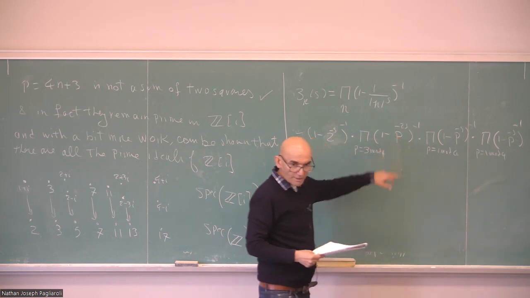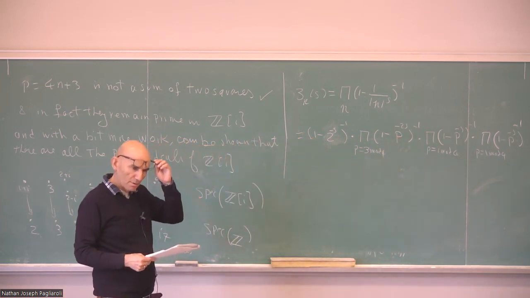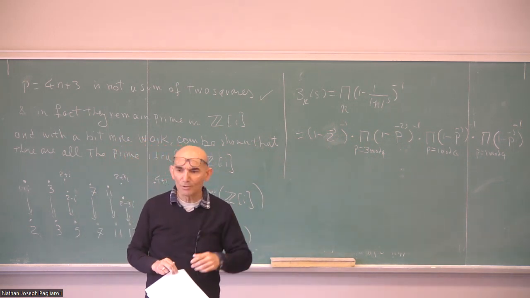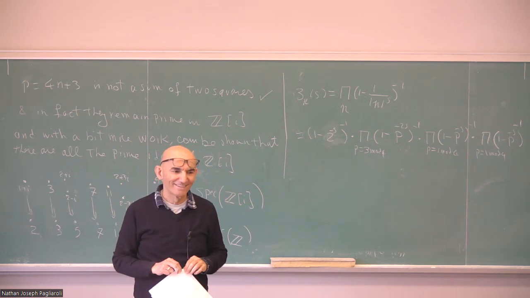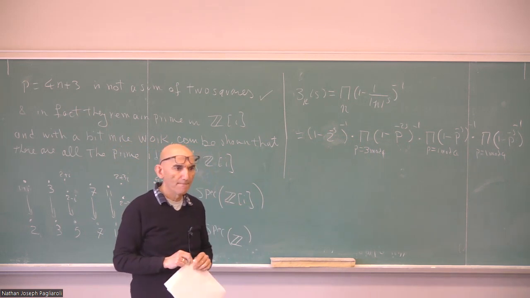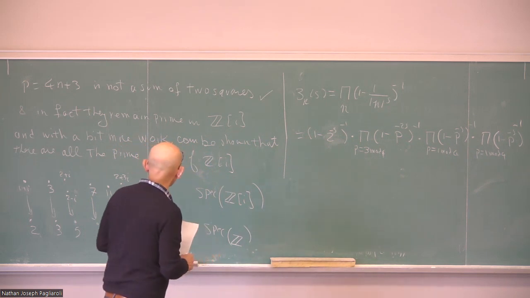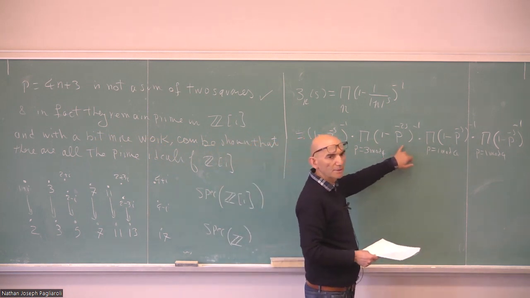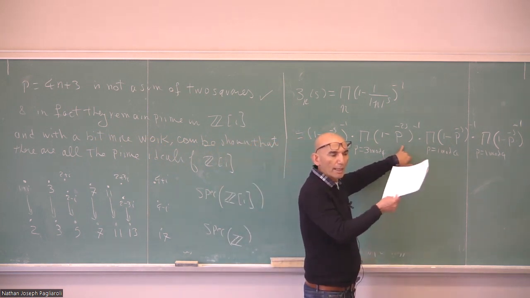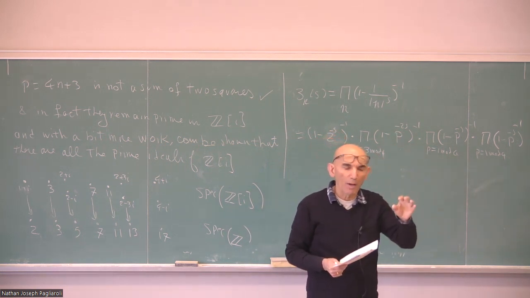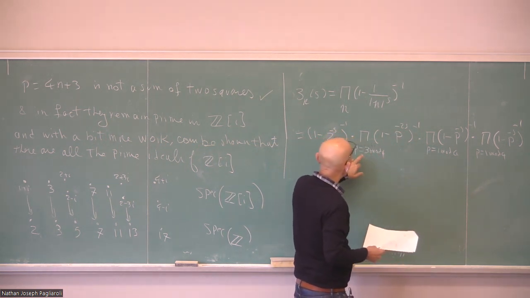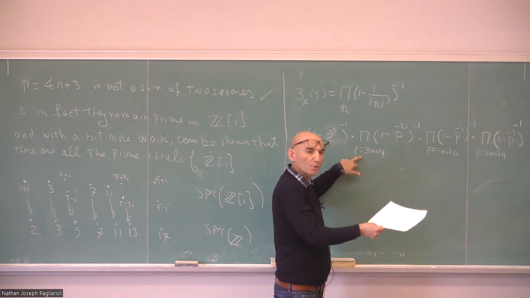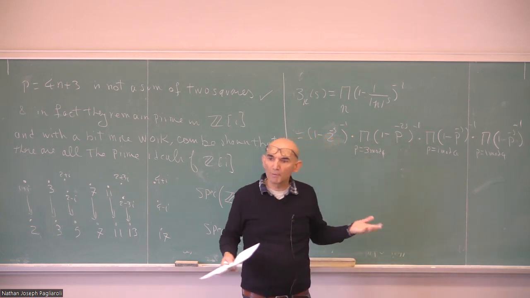Why is that minus 2s? These are the ones that don't split. If a prime is of the form 3 mod 4, it doesn't split, so its norm is p squared.